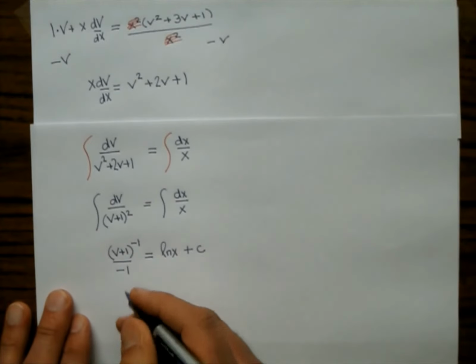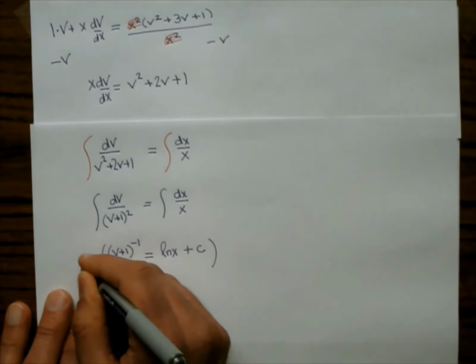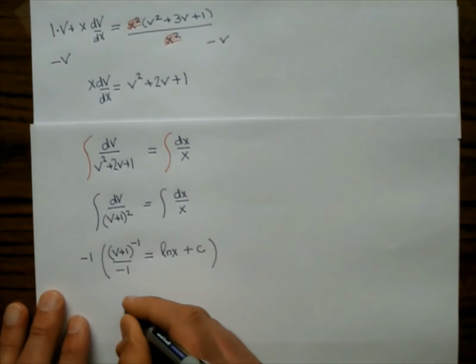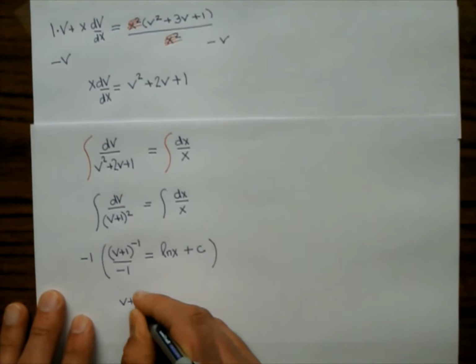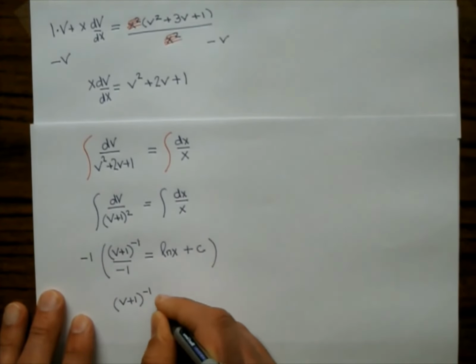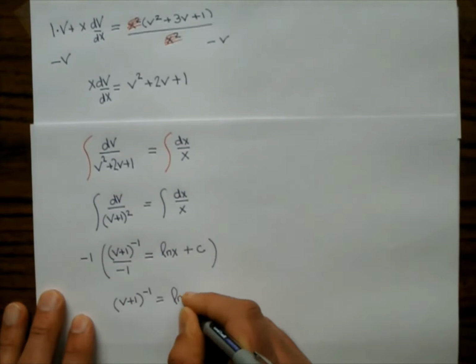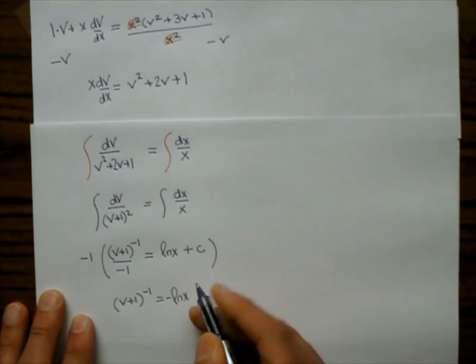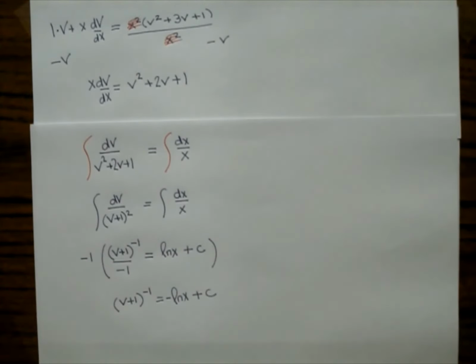I'm going to multiply this equation by negative 1. So I have v plus 1 to the negative 1 equals negative ln x minus c, which is really what? What is minus c? It's just another constant, c.